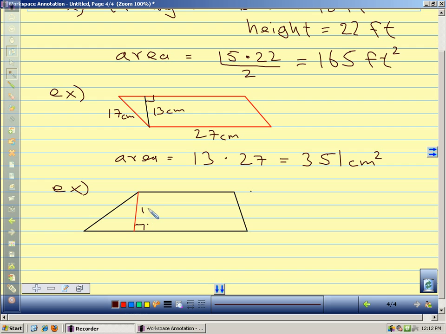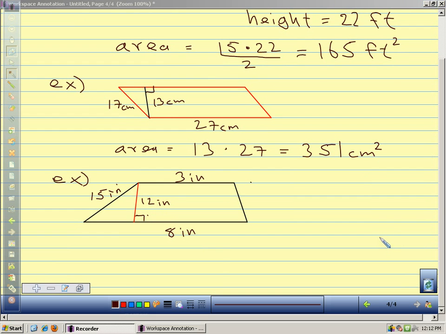And this is 12 inches. This is 3 inches. This is 8 inches. And this is 15 inches. So which length do we need to use for our height? Well, 12. It's the one that makes the 90-degree angle with the base.